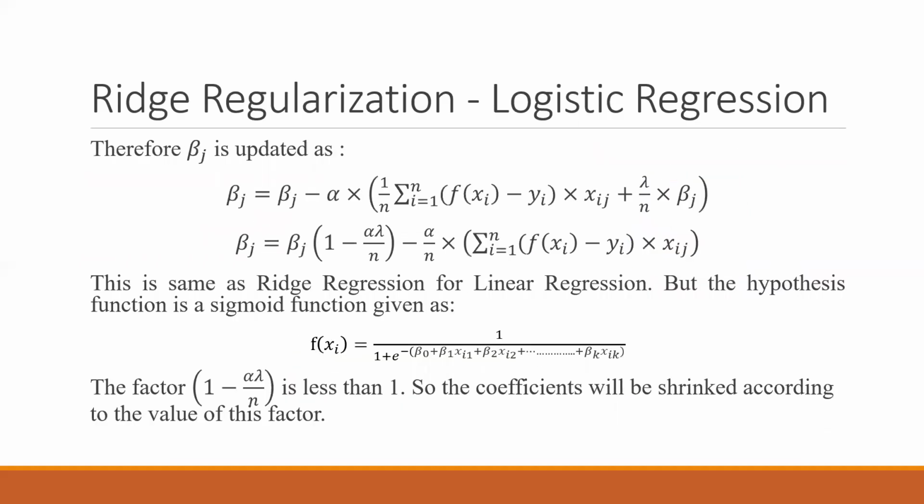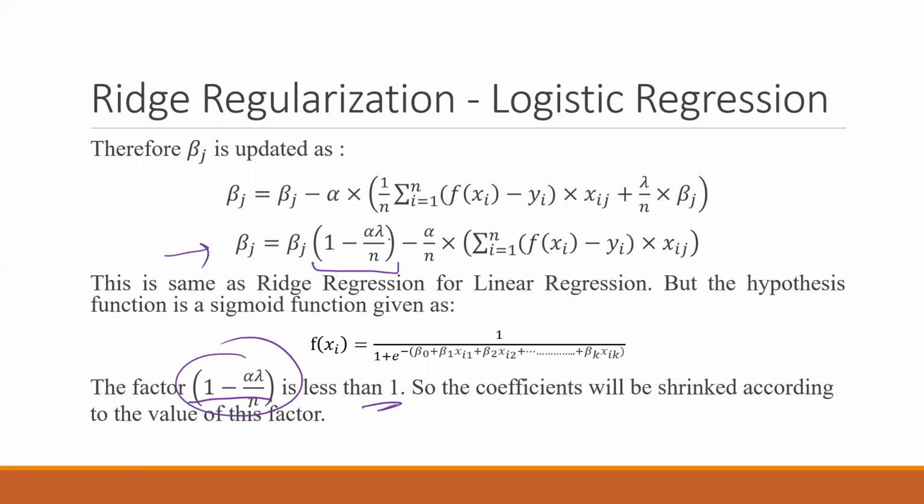Similarly, obviously now we can always put the details of f(x), and from this equation we can say that the factor of this starting number, 1 minus alpha into lambda upon n, is less than 1, so the coefficients will be shrunk.